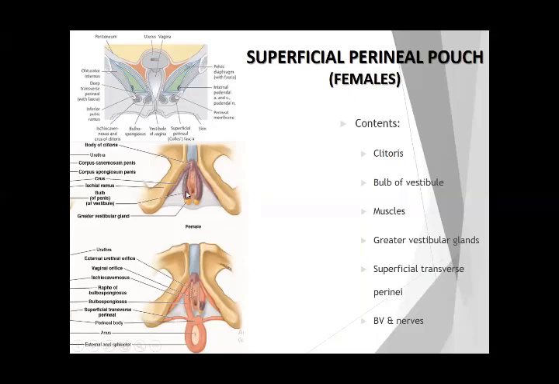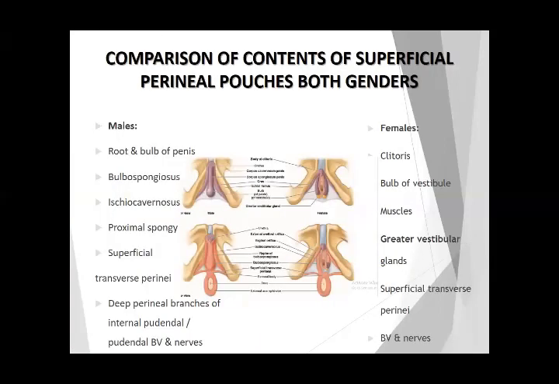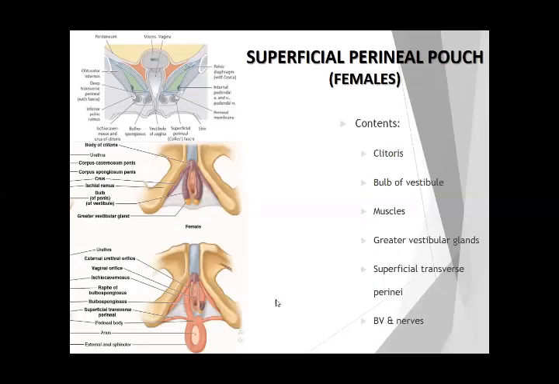This is the bulb of the vestibule, and lying posterior to the bulb of the vestibule, this is the greater vestibular gland. These two greater vestibular glands, one on either side, are partly covered by the posterior margin of the bulb of the vestibule. Covering the bulb of the vestibule is the bulbospongiosus muscle.